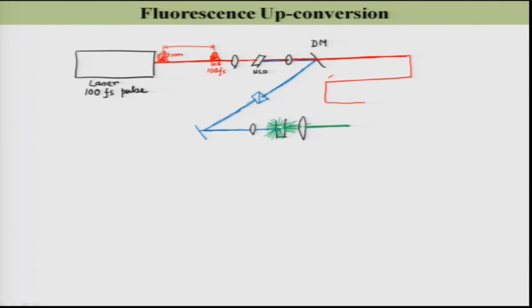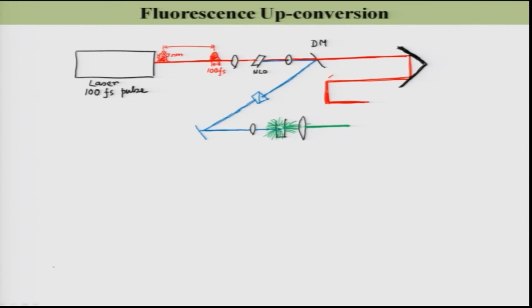But in this case, you use a mirror system which is movable. That means, when the light falls here, it will be reflected from this to this, and then it will go.